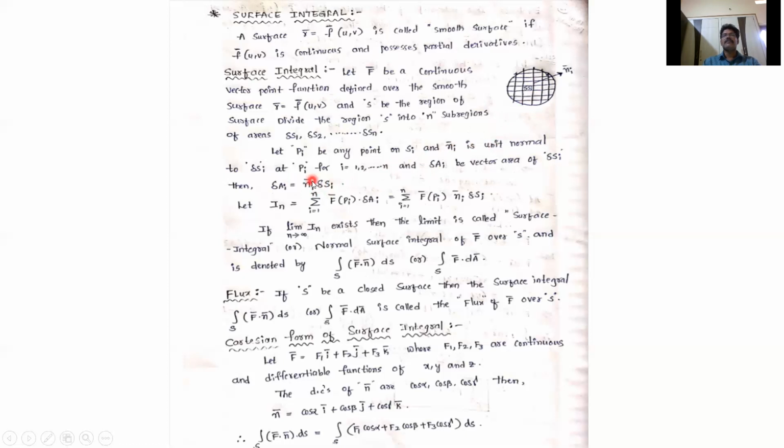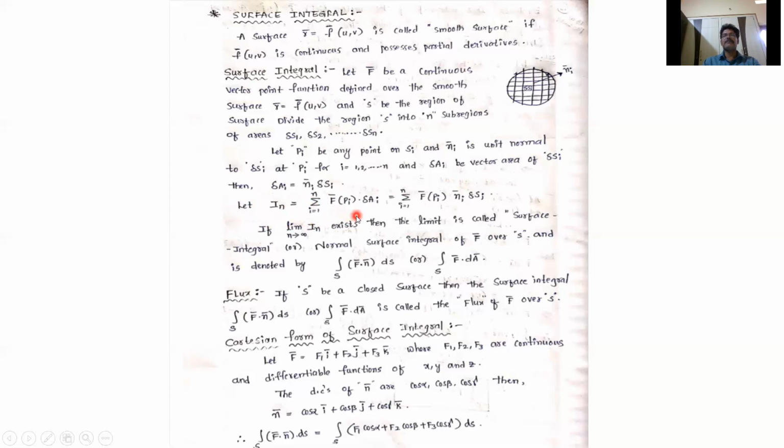That is, N1 bar is the unit normal to the surface S1 at the point P1, N2 is the unit normal to S2 at P2, and so on. Let delta A bar be the vector area of delta Si, then delta Ai bar equal to Ni bar delta Si. Let In equal to sigma f bar Pi dot delta Ai.